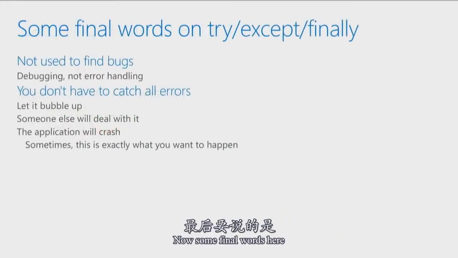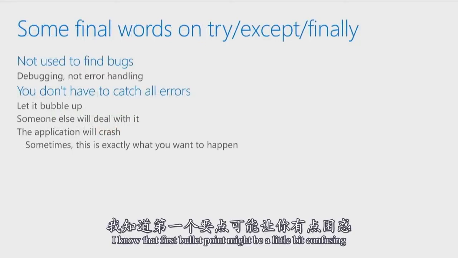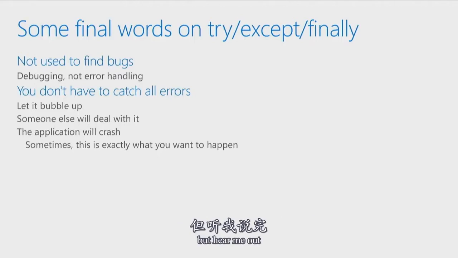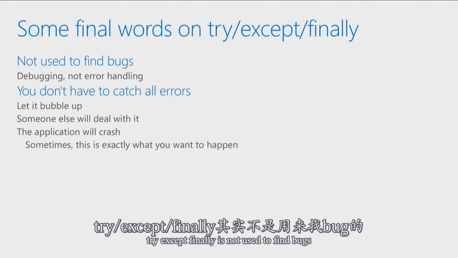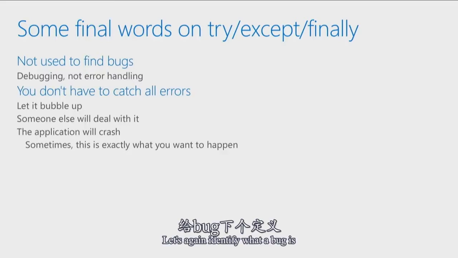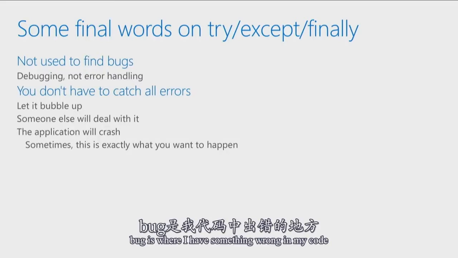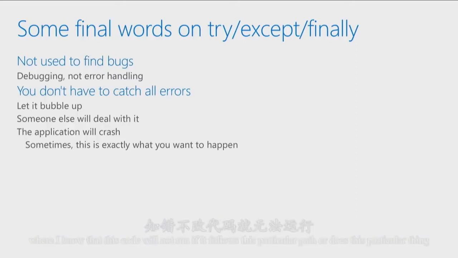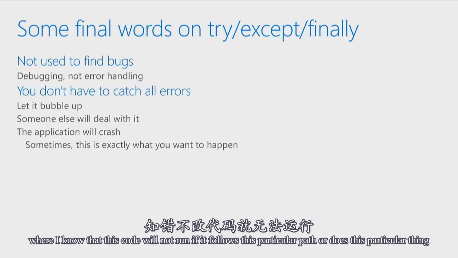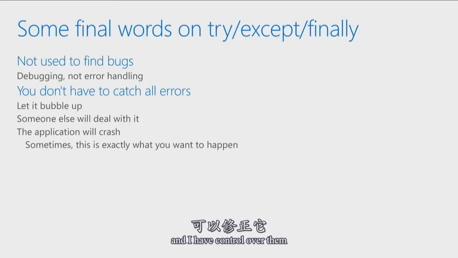Now, some final words here. I know that that first bullet point might be a little bit confusing, but hear me out. Try except finally is not used to find bugs. And let's again identify what a bug is. A bug is where I have something wrong in my code, where I know that this code will not run if it follows this particular path or does this particular thing, and I have control over that.